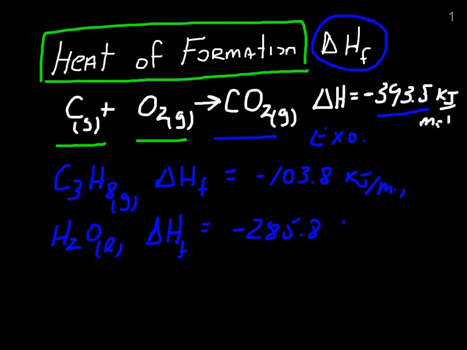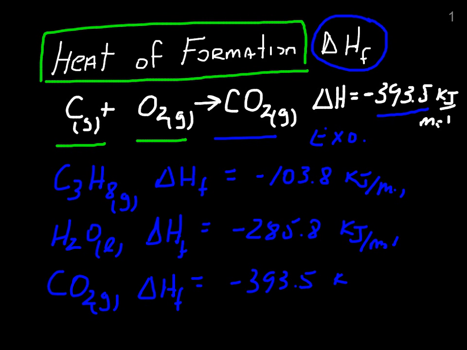And remember, those negative signs indicate that heat was produced in the creation of those compounds. And then, like I said before, I'll use the example of CO2. In the gas phase, delta H of formation was equal to minus 393.5 kilojoules per mole. And you would go to a table and you would find these values for a given reaction.